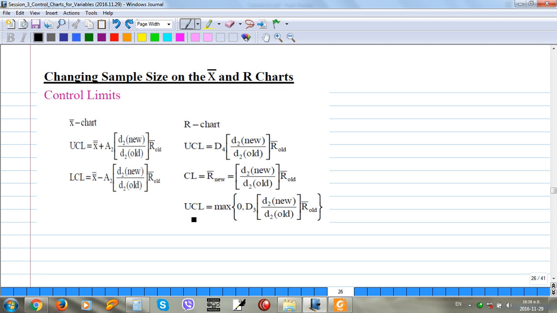For the lower control limit, take the maximum of 0 and D3 times d2 new over d2 old times R bar old. If this part gives a negative value, you take the maximum, 0, so the control limit is 0. If it is a positive value, you take that value.